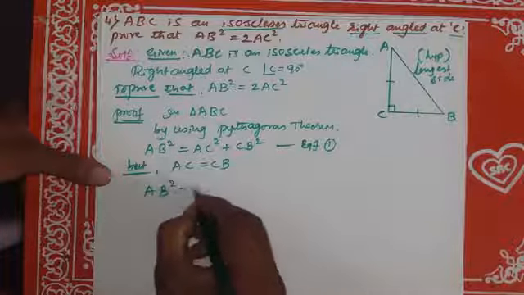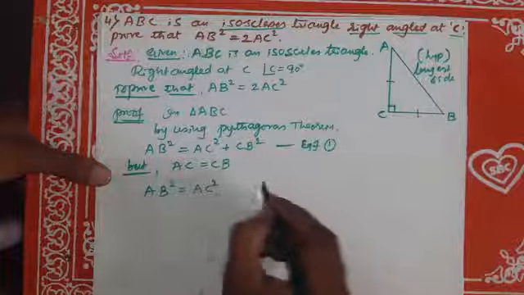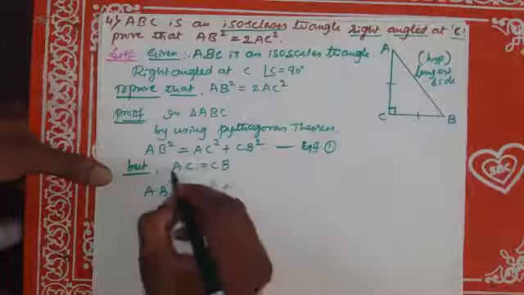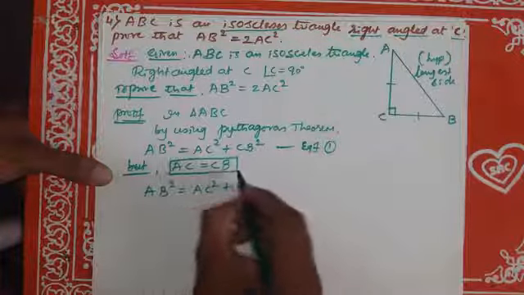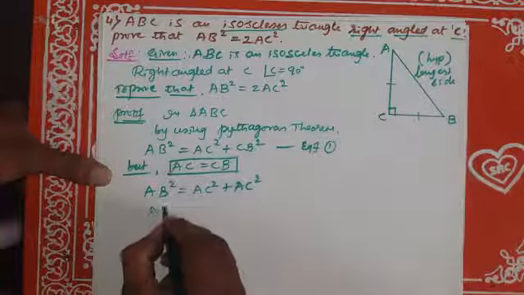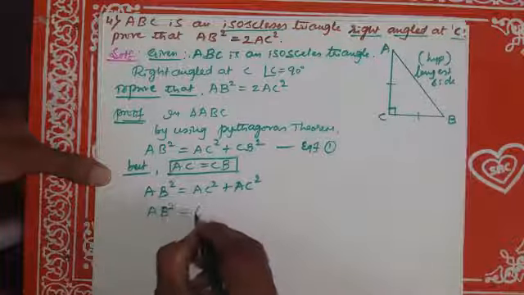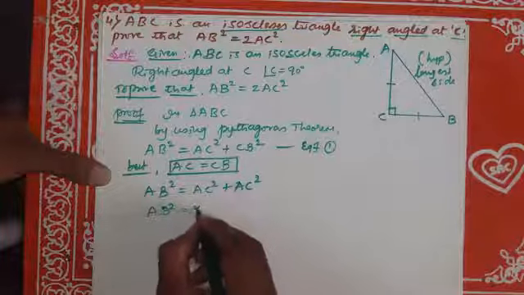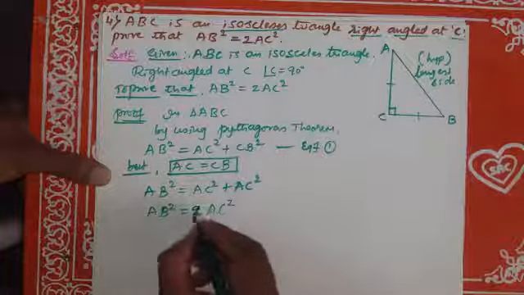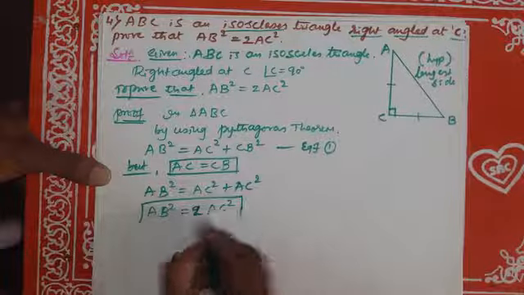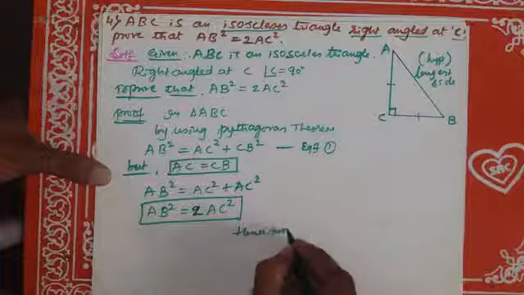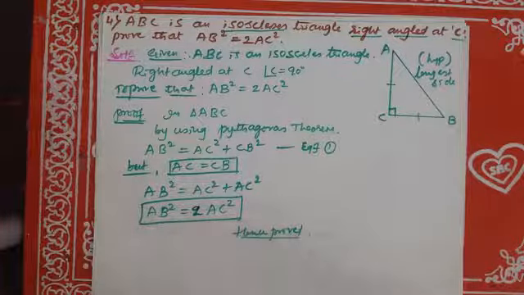AB square is equal to AC square plus, in the place of CB, what can we take? AC, right? AC square. Therefore, AB square is equal to 2 times AC square. Hence proved. This is the right answer.